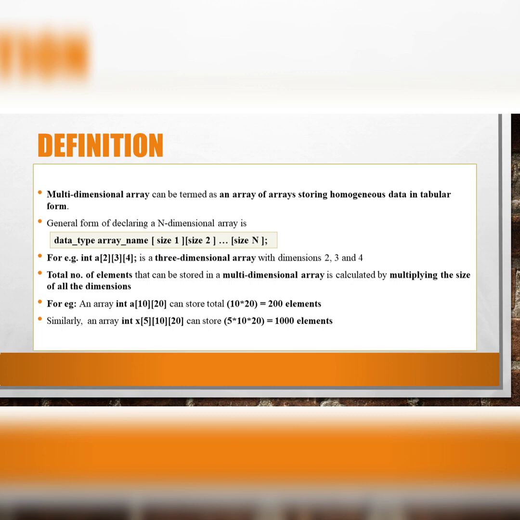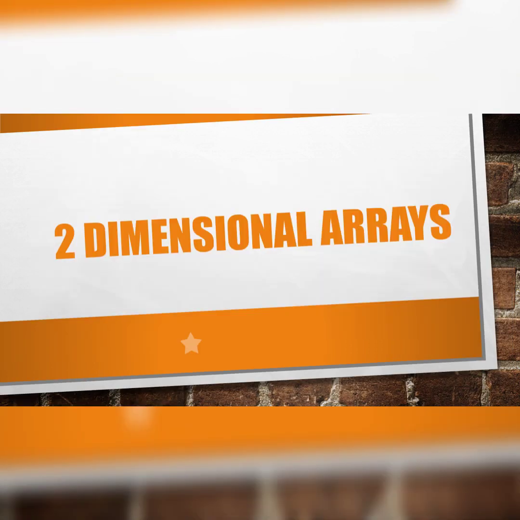Say for example, an array A[10][20] can store 10 into 20 equal to 200 elements, and an array X[5][10][20] can store 5 into 10 into 20, that is equal to 1000 elements at a time. Multi-dimensional arrays can be categorized into two-dimensional array, three-dimensional array and n-dimensional array, where n could be any integer.